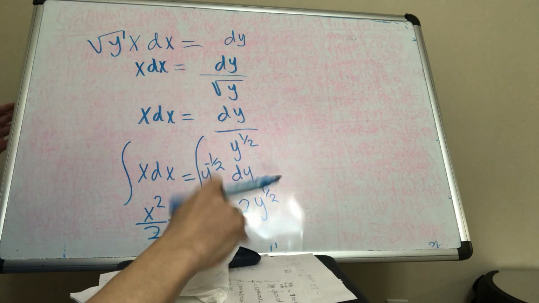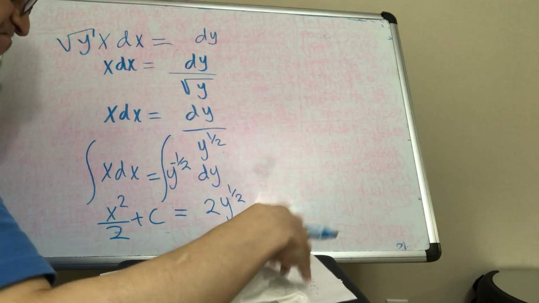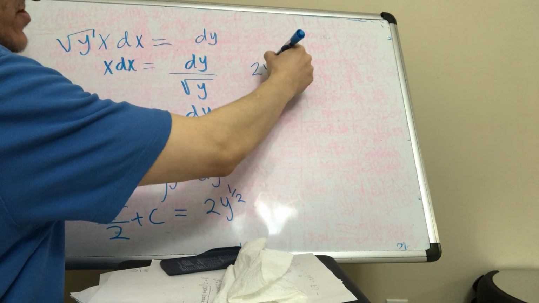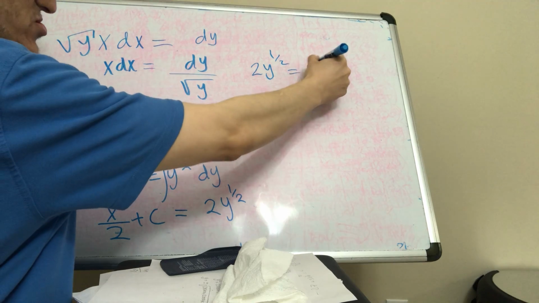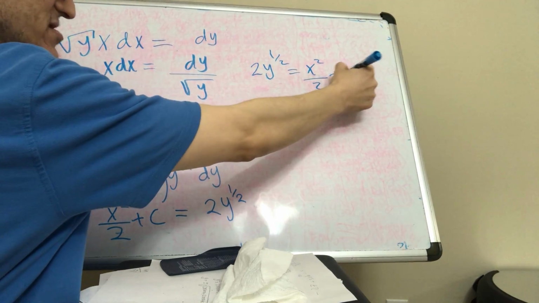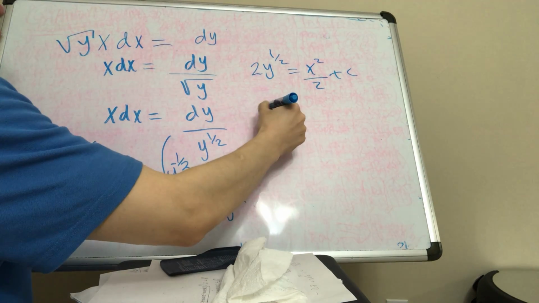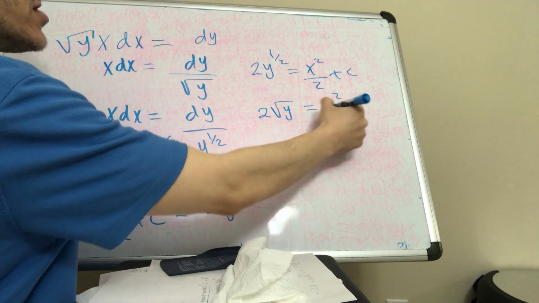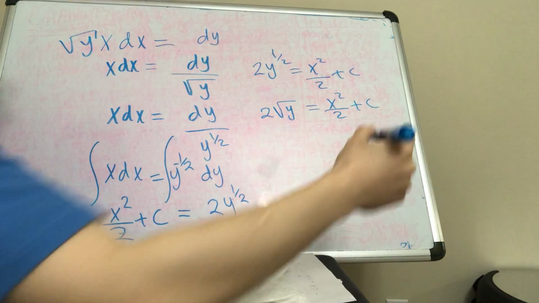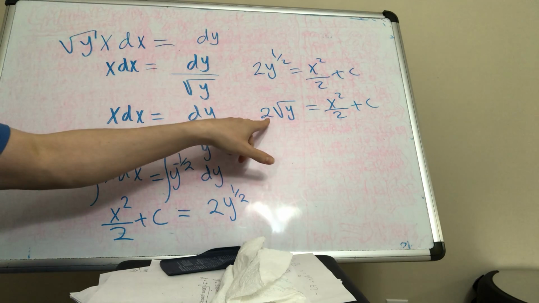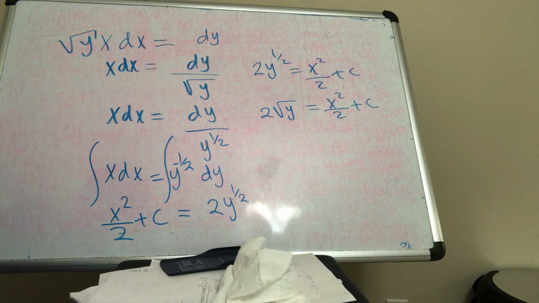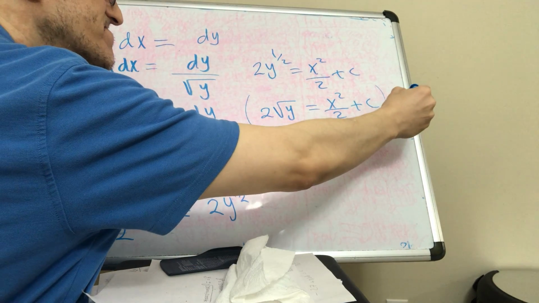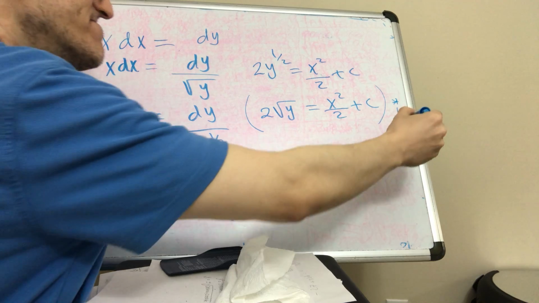So at this point, we have 2y to the half equals x squared over 2 plus c, which is 2 root y equals x squared over 2 plus c. We need to isolate the y, so we can just take this times half.